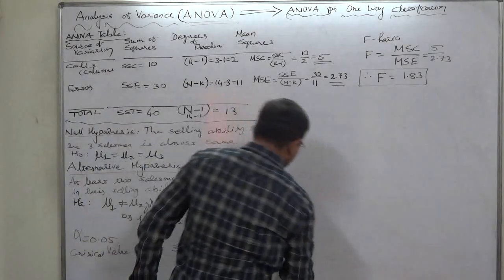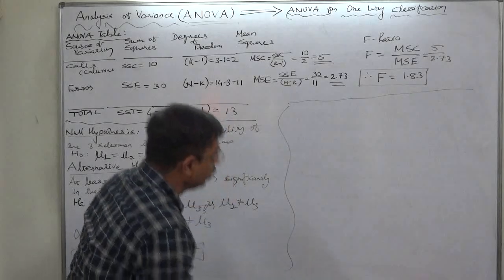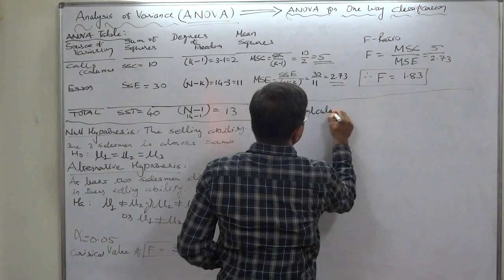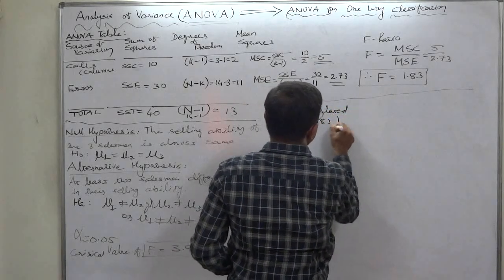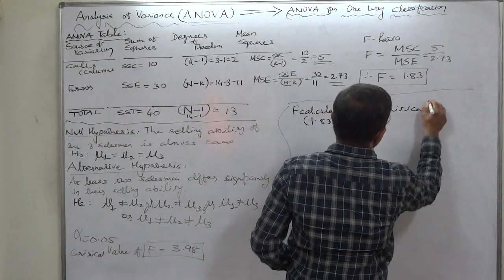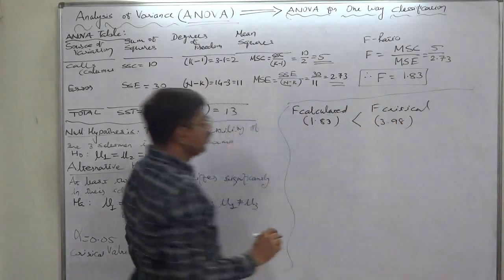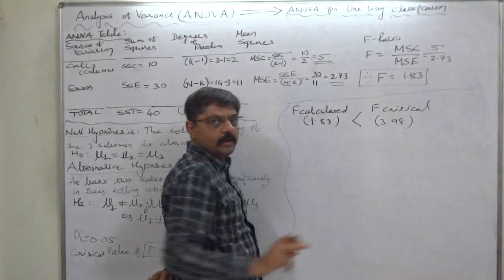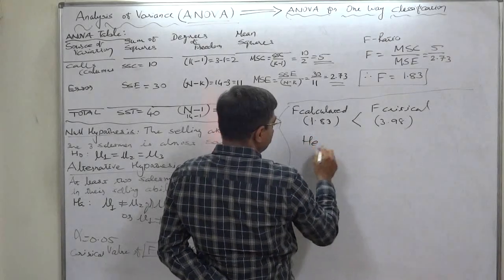Now, the same thing: comparison of calculated value and critical value. F calculated is 1.83. F critical is 3.98. That means the calculated value of F is less than the critical value. If the calculated value of the test statistic is less than the critical value, the null hypothesis is accepted.